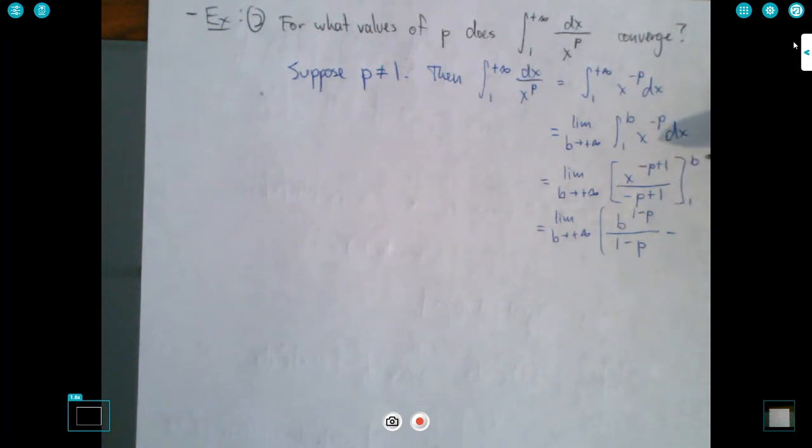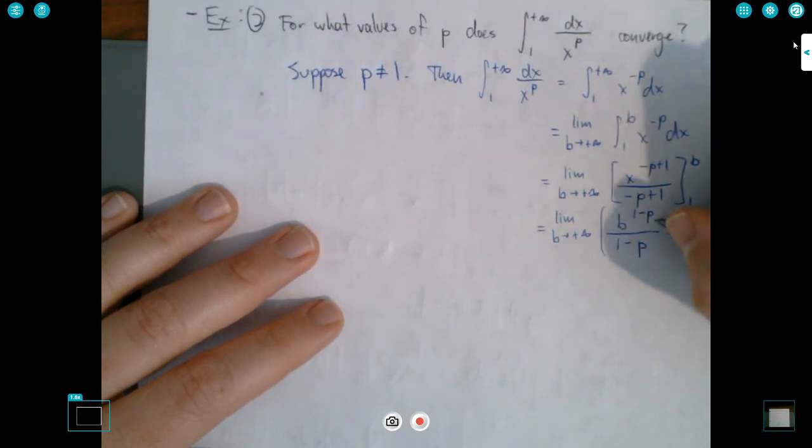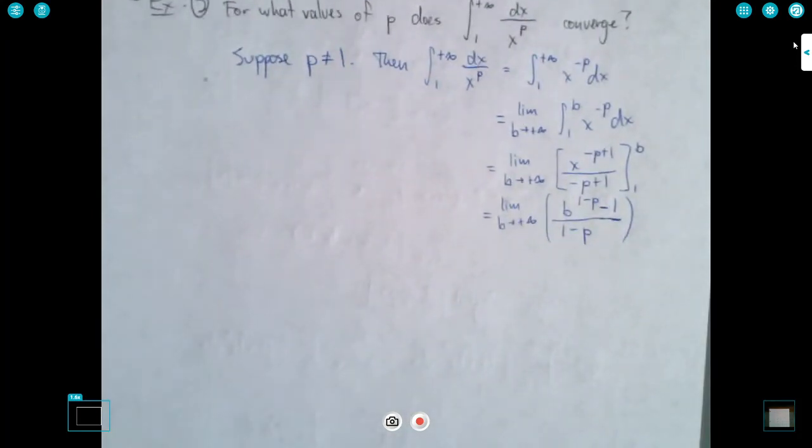I'm plugging it into x. Well, 1 to any power is just 1. So this is just going to be minus 1 over 1 minus p. So actually, I could just put that in here, right? Minus 1 over 1 minus p. Okay. Now we're going to take the limit as b goes to infinity.